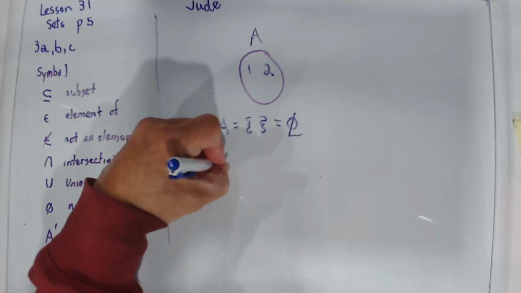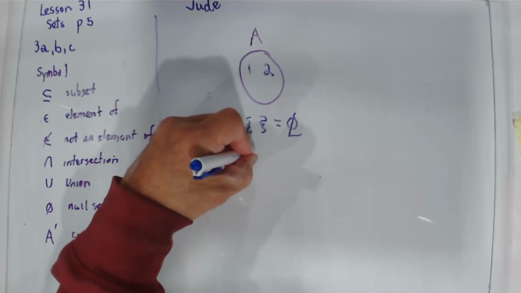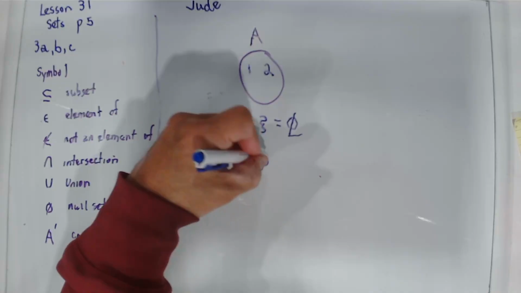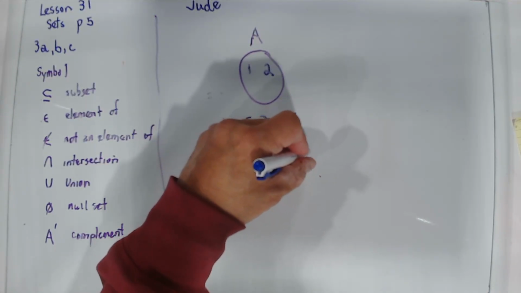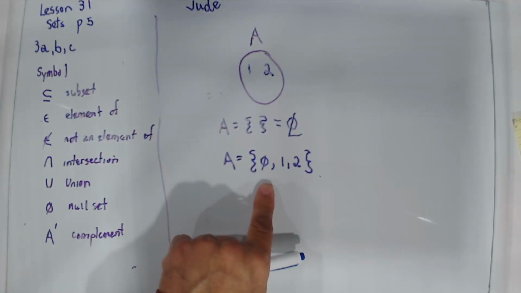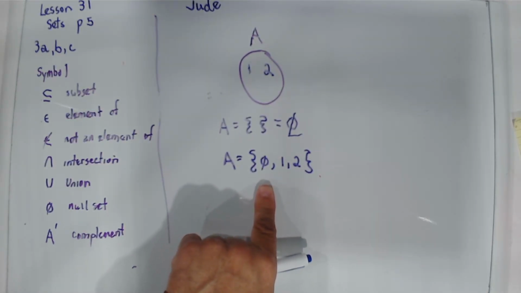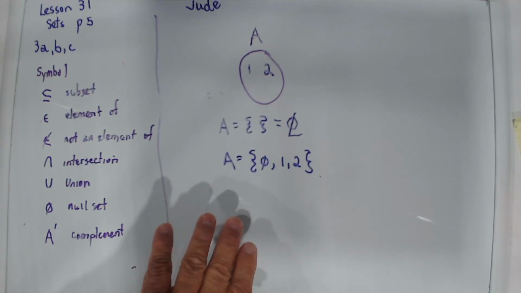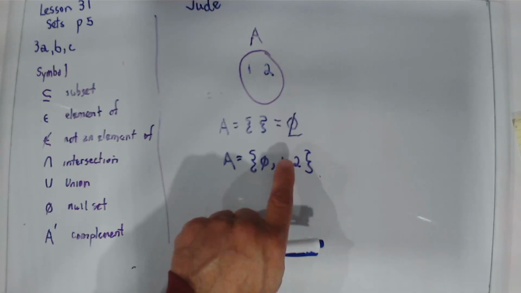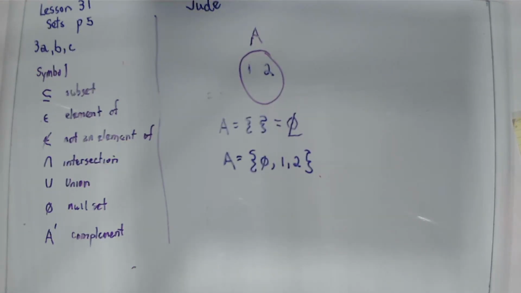So I could say A is equal to the set, well, you got null, it's always a part of it, 1 and 2. But that's always understood. You always have an element of null in any set. So that's how they define null as nothing, when you have an empty set.